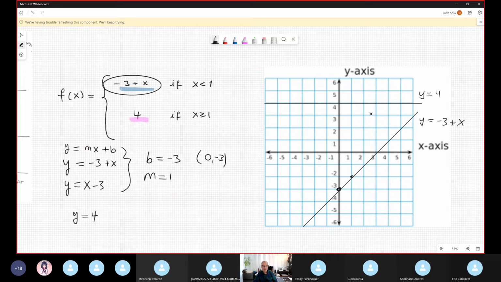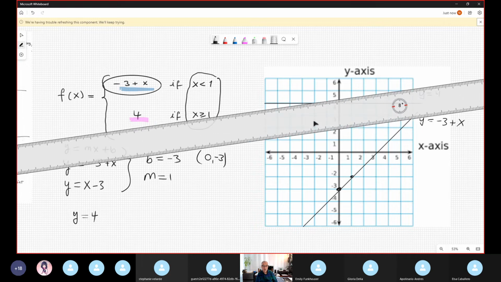Okay. Now look at the condition. I focus on the condition, which is 1. The transition is at 1. So now I know, the teacher explained to me, that at the transition we draw the vertical line, because the equation is x equal 1.